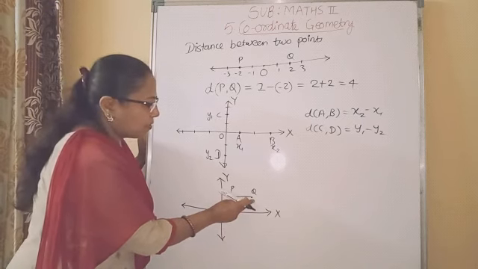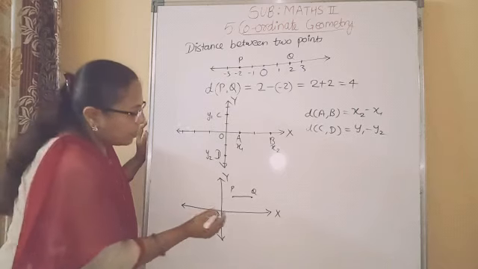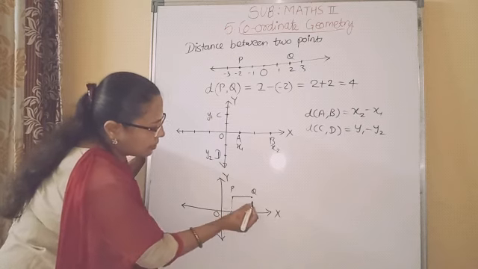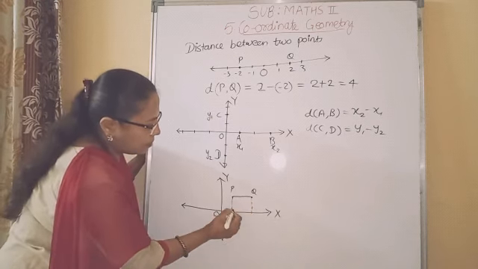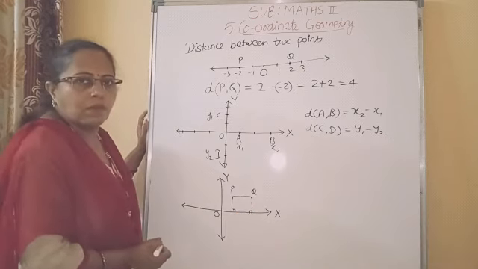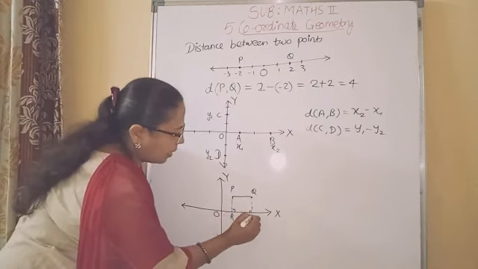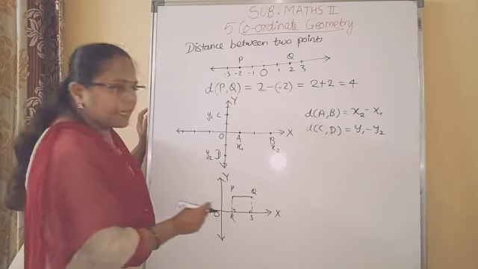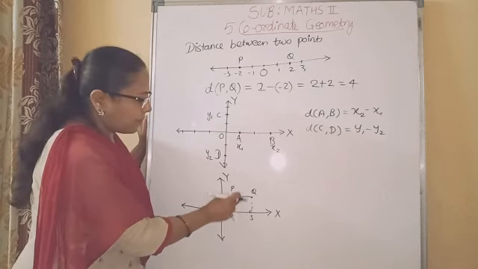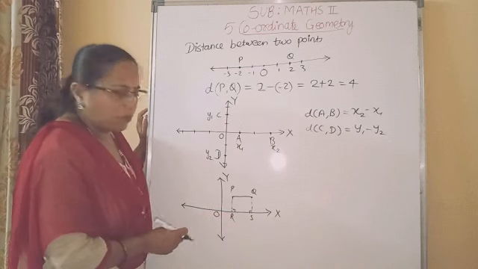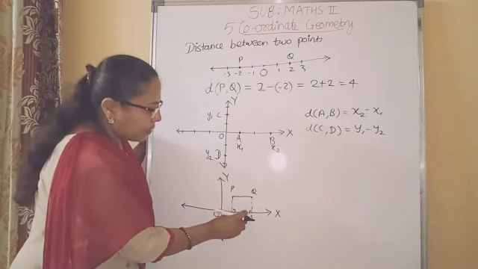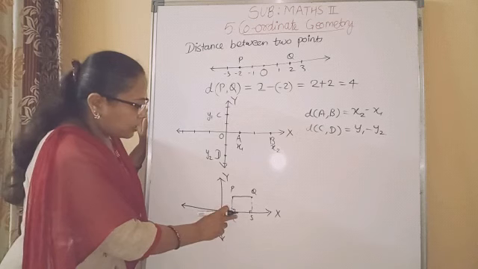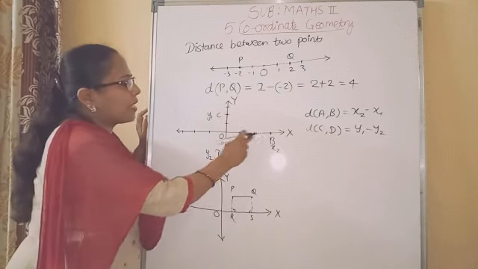Now we have to find the distance between these 2 points. So what we will do? We will draw perpendiculars from these points to the x-axis, and suppose the feet are R and S. Now PQSR is a rectangle, and we know that the opposite sides of a rectangle are equal, congruent. So the distance between R and S is equal to the distance between P and Q. The distance between R and S we already studied how to find.